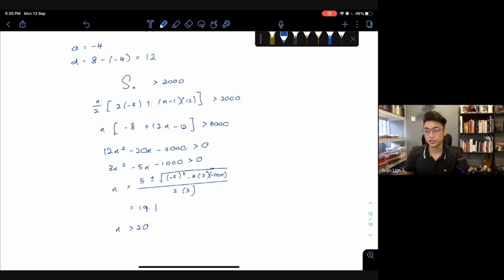If you all are unsure whether you use 19 or 20, just sub your value back into the equation, then to see which value will come first to more than 2000. If you all are unsure about the symbol, whether it's more than 19.1 or less than 19.1, make sure you all just double check it back with the question. Okay, don't straight away assume if you are unsure.